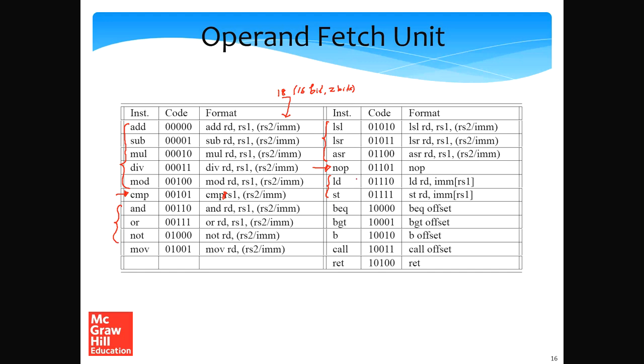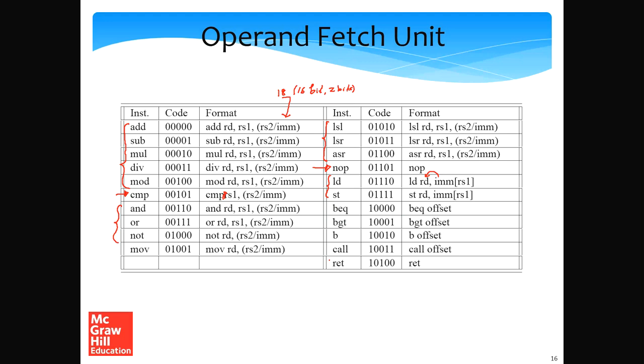Its destination is memory. But we didn't want to change the format, so we use the same format. We use RD as the register to which we want to load, and we use RD as a source register in the case of store. So we shall see that this will slightly complicate our processor design, not a lot, but slightly. We'll use the immediate as the constant offset and use RS1 as the base register.